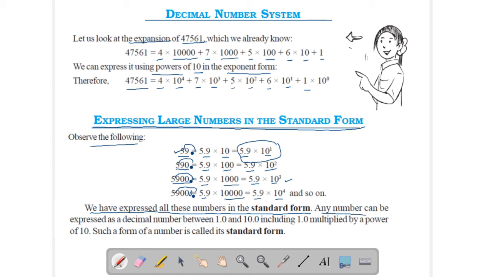Any number can be expressed as a decimal number between 1.0 and 10.0, including 1.0, multiplied by a power of 10. Such a form of number is called standard form.